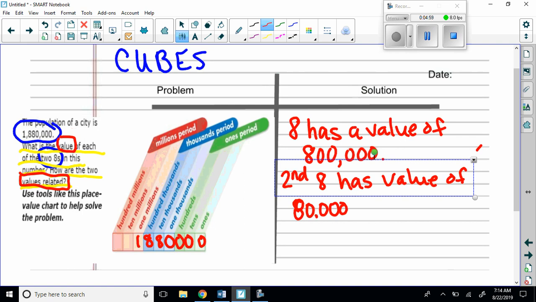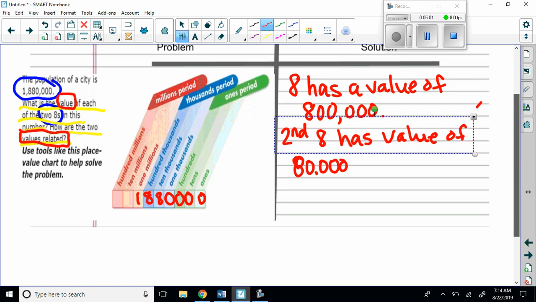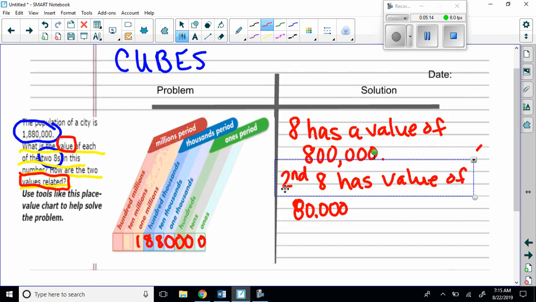And now I need to look at the second portion of this. It says, how are the two values related? I'm going to give myself a little bit more space to write. So if I'm looking at how the two values are related, I know that 80,000, which is our second value, times 10 equals 800,000.